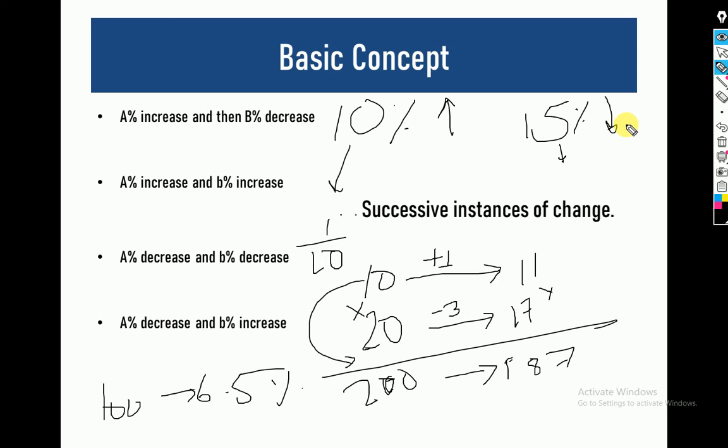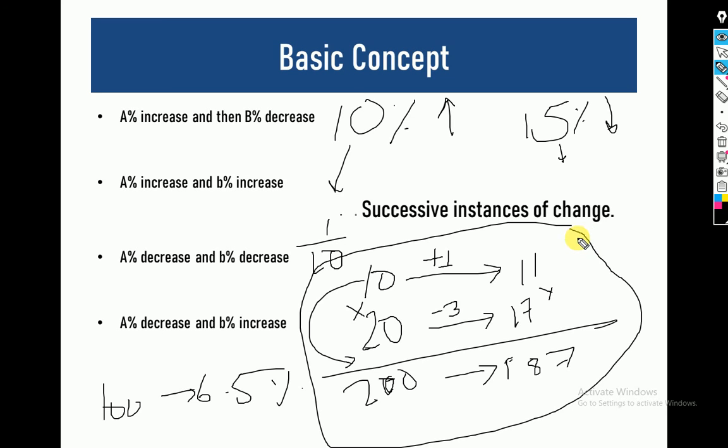Successive is always easier to use when you have to increase and decrease. But when it comes to more than 2, you will find successive very lengthy. So in those times you can always use the compoundation technique. These were the concepts that I was talking about.